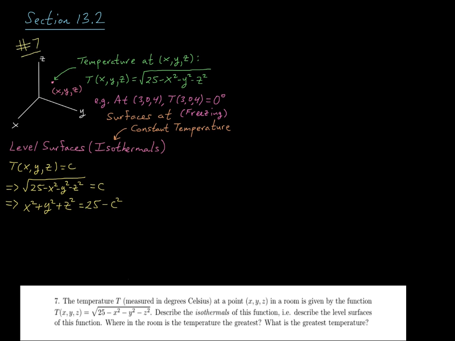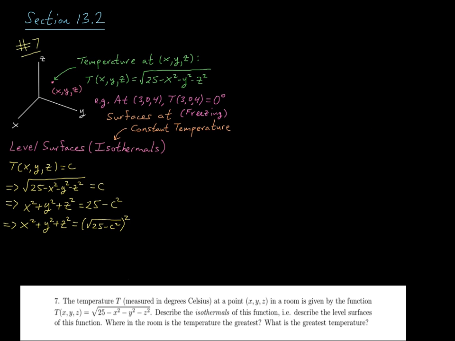Okay, and now, right, we can identify this as the equation of a sphere. So I'm going to rewrite the right-hand side. And so I can say x squared plus y squared plus z squared is the square root of 25 minus c squared, quantity squared.